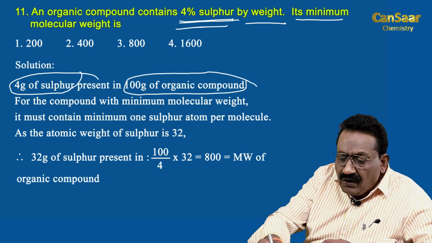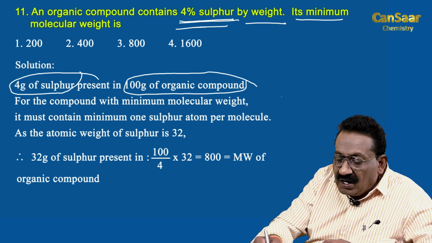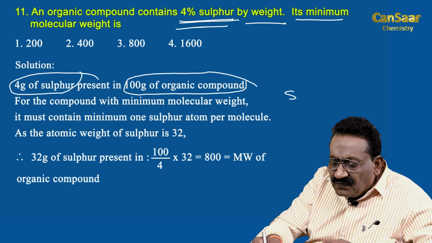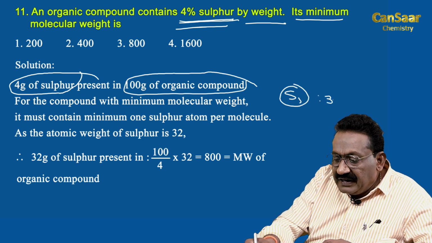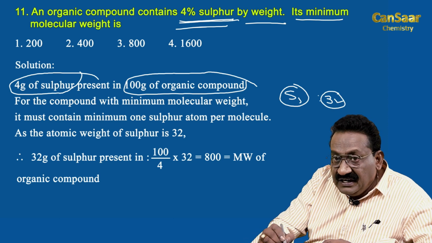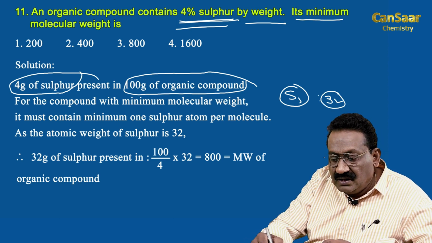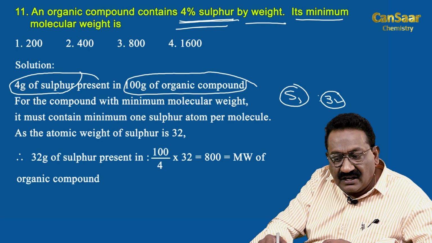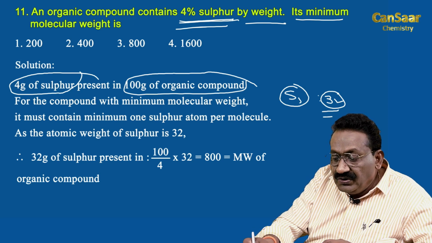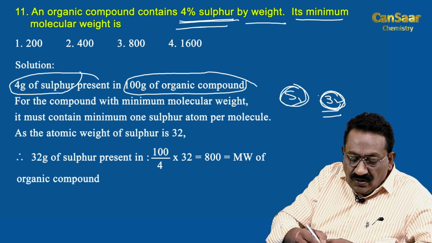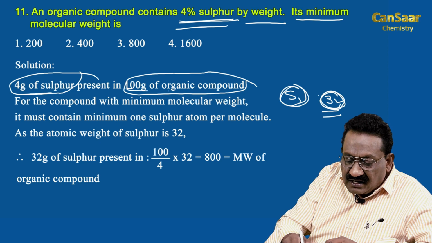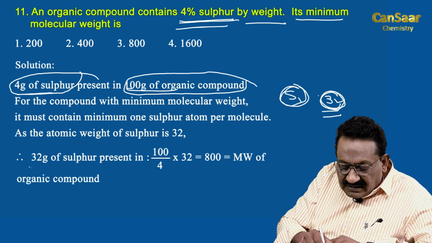Then to have minimum molecular weight, the molecule must contain at least 1 sulfur atom. 1 sulfur atom has atomic weight 32, that means in each molecule of the organic compound 32 units of mass of sulfur must be present.